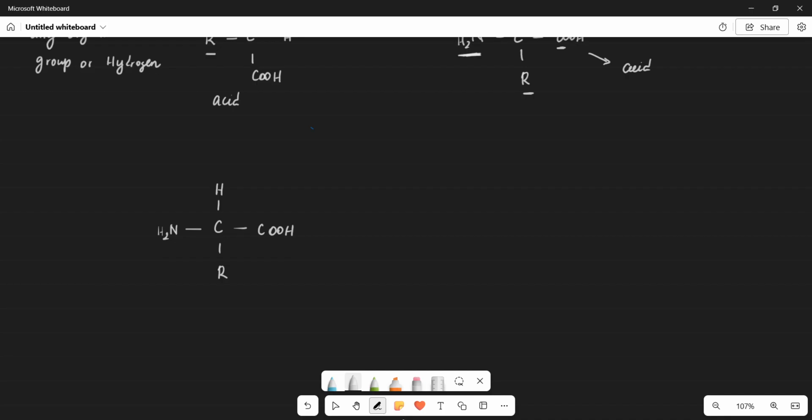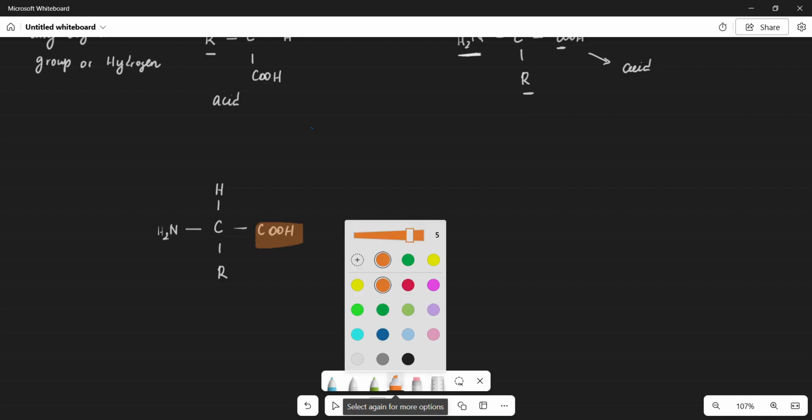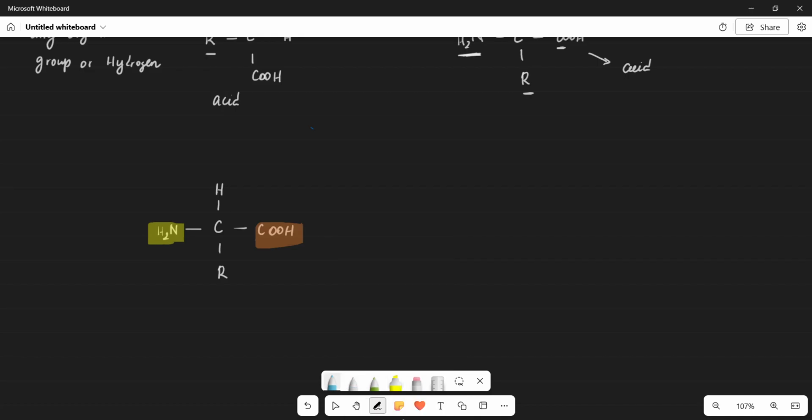So now let me say this is the acid group. It can donate a proton. And let me say this is the amino group. So this can accept a proton. So when they are in the same molecule, what are they going to do?